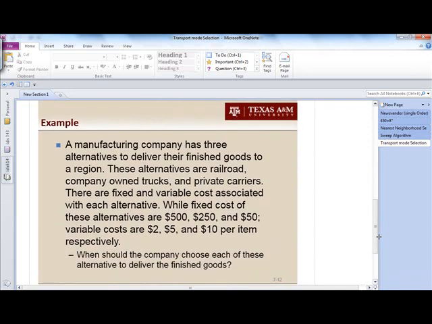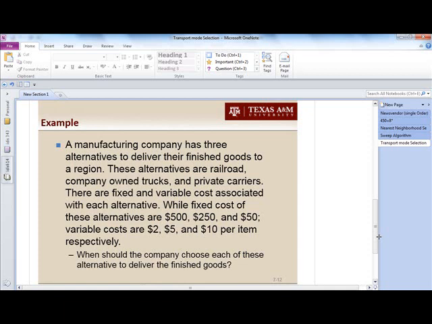Here is an example. There is a manufacturing company, and it has 3 alternatives to deliver their finished goods to a region. These alternatives are railroad, company-owned trucks, and private carriers. There are fixed and variable costs associated with each alternative. The fixed costs are $500, $250, and $50, and the variable costs are $2, $5, and $10 per item respectively.